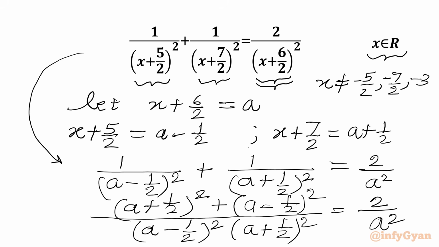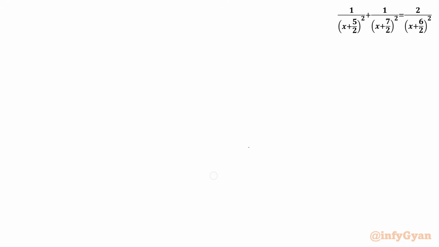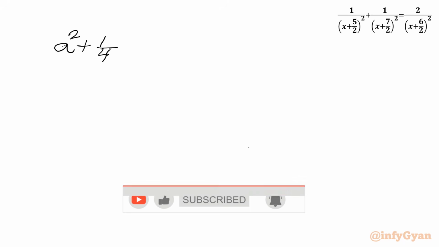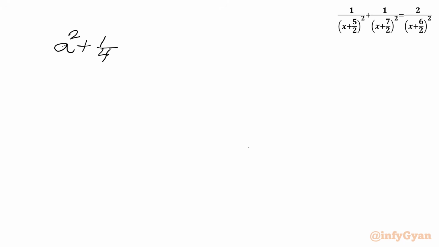Using exponent law in the denominator, we can write a minus half times a plus half whole square, and in numerator we will be using a plus b whole square and a minus b whole square identities. We will get a plus half whole square, a square plus half square, that is 1 over 4, plus 2 times a times 1 over 2, which is plus a.